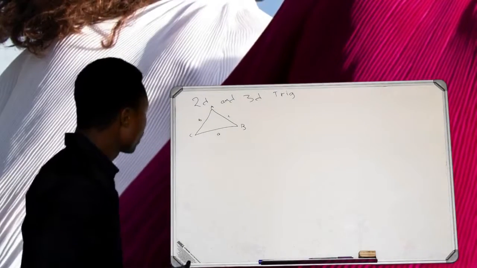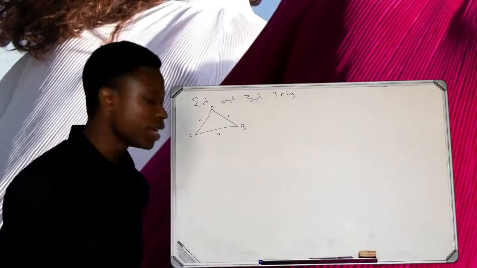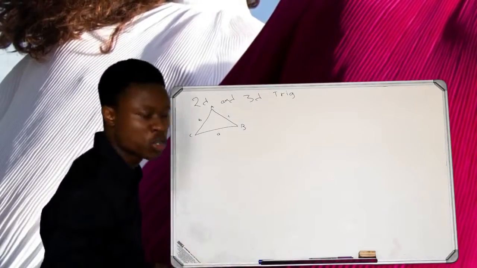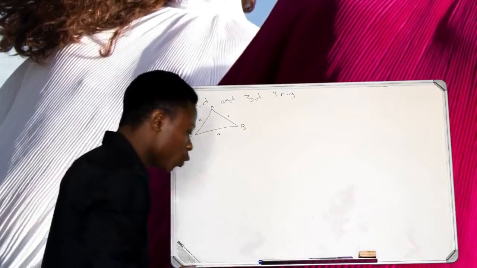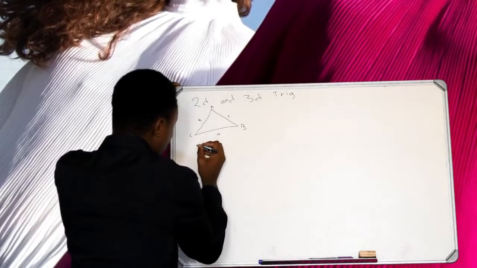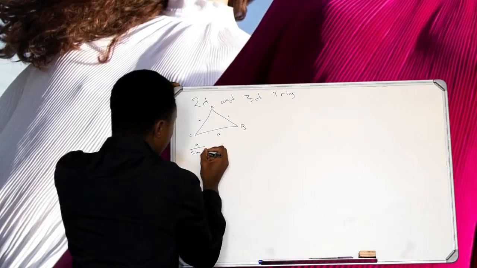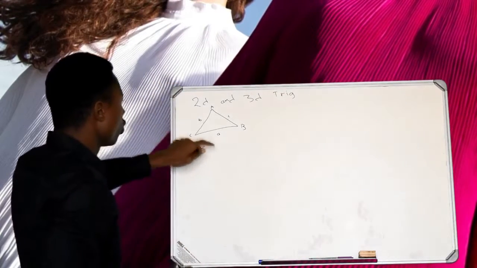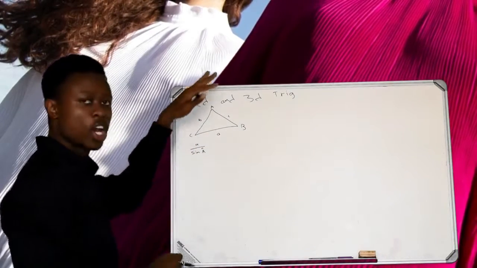So now this is what I have, sine rule. So what is the sine rule? The sine rule formula is pretty straightforward. Once you know the formula for sine rule, you should be able to apply it whenever and however you want. It would be a over sine angle A, right? So it will be a, which is the opposite of angle A, over sine of that opposite angle.